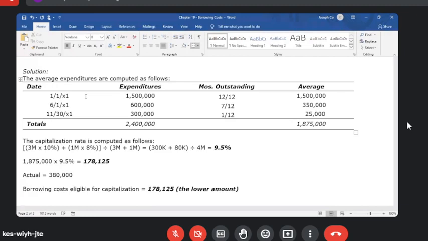We have a capitalization rate of 9.5%. 1,875,000 times 9.5% is equal to 178,125 versus the actual. You just compare the two. The lower amount is the capitalizable borrowing cost. Answer 178,125.